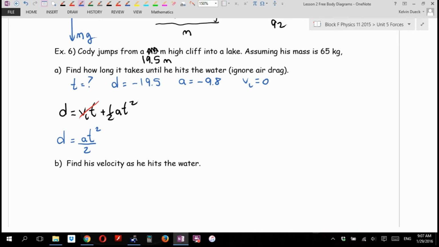Also, what am I trying to find? Well, let's get the t by itself. How would I get the t by itself? What will I do with that a? What's the a doing to the t?